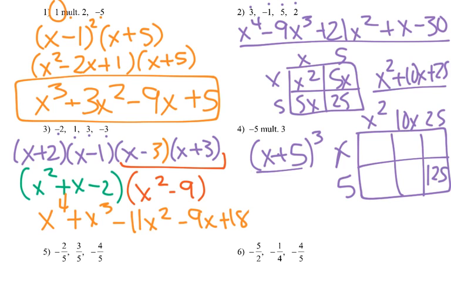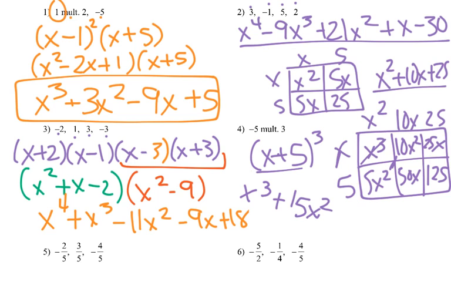That'd be 125, 50x, 5x squared, 25x, 10x squared, and x cubed. So I'd have x cubed, then 10 and 5 would give me 15x squared, 25 and 50, 75x plus 125. And there's my polynomial.